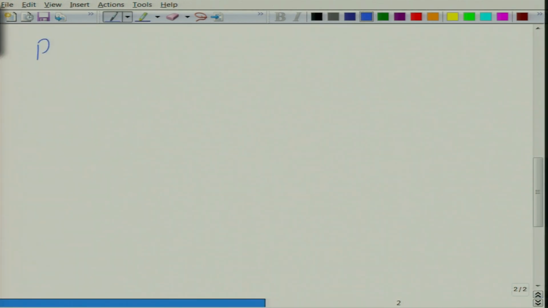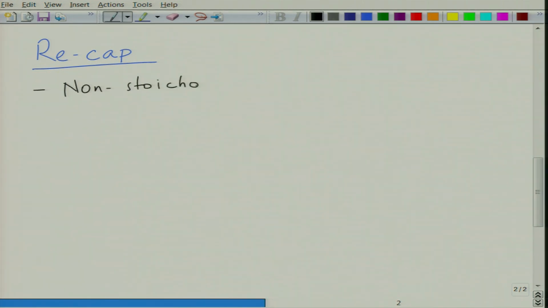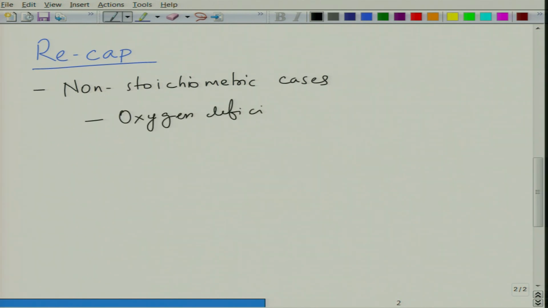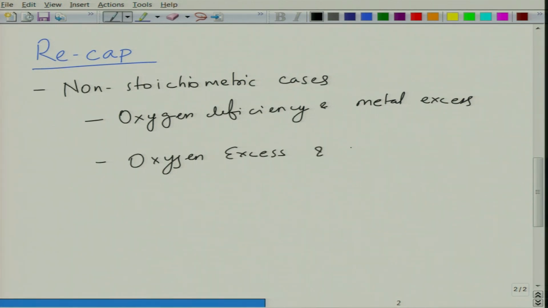In the previous lecture, we looked at non-stoichiometric oxides primarily. So, we looked at two dominant cases of oxygen deficiency and metal excess, or we looked at oxygen excess and metal deficiency, right.